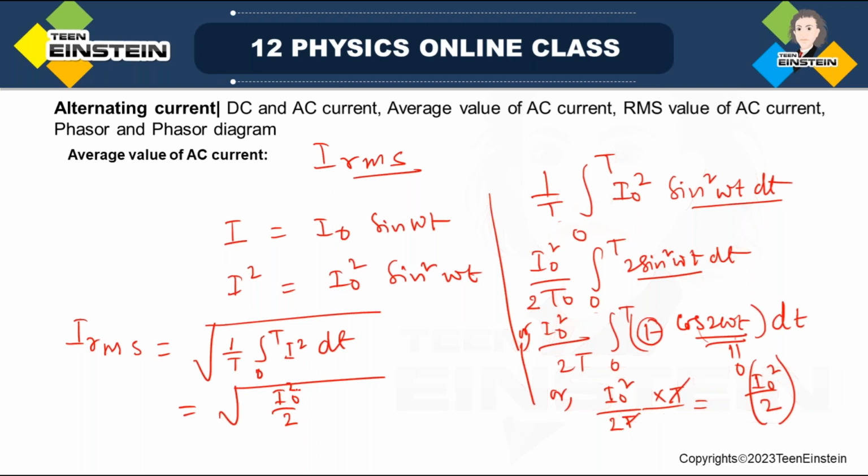If we take the square root of that, we get I0 by root 2. So this is the relation between RMS value and peak value.